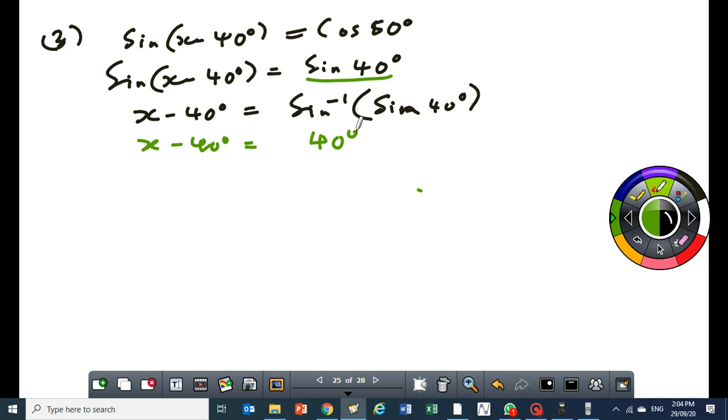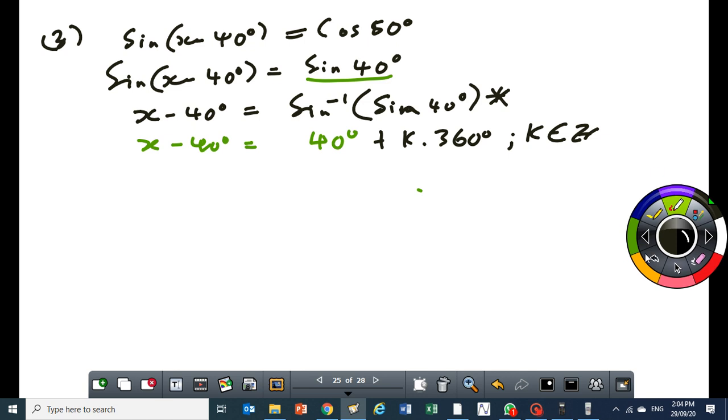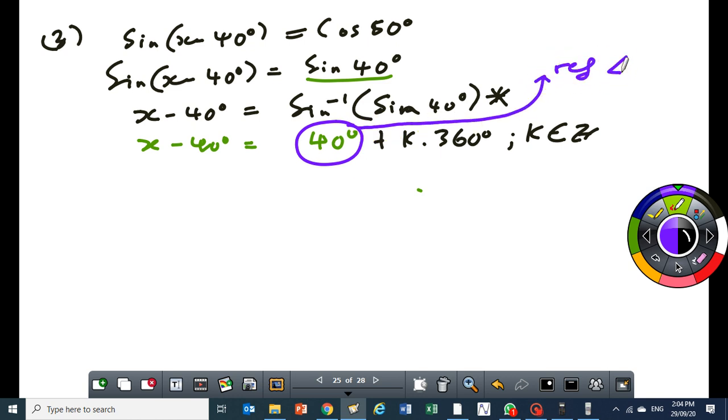Then I'll bring in my general solution. So this step, this one here, I've shown you because it helps you understand where this final step comes from. When you've got k is an element of Z, be aware that this is your reference angle, which has got a corresponding angle in the second part.